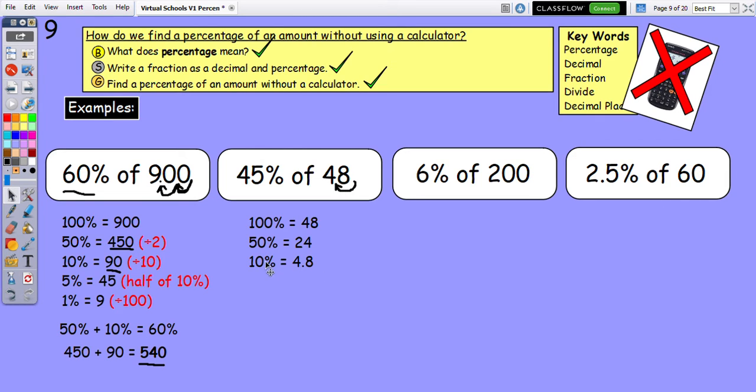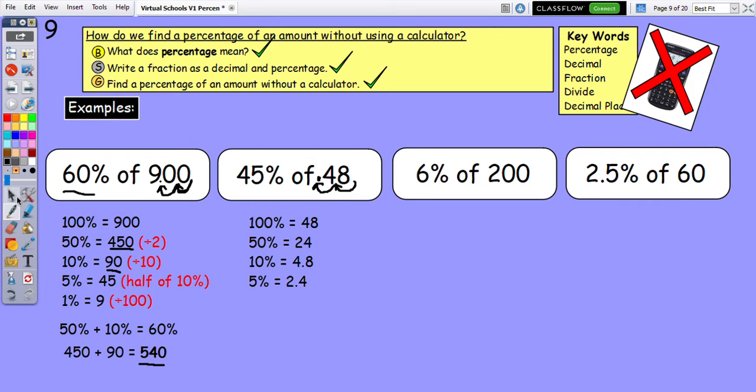5% is going to be half of 10%. Half of 4.8 is 2.4. Okay. 1% of 48. I divide by 100. If I take my 48 and divide by 100, I move the decimal point 2 places left.